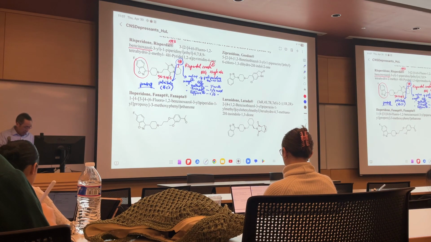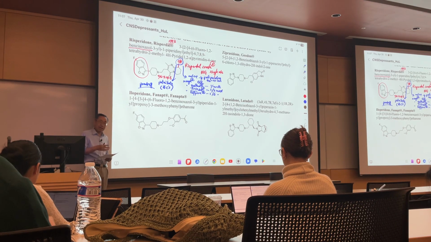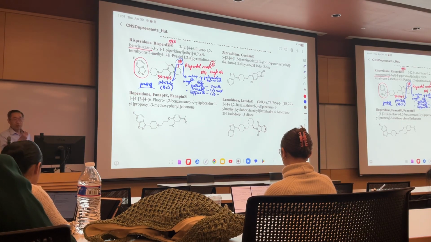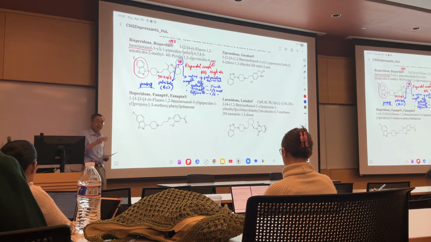It is believed the introduction of serotoninergic activity, mostly antagonistic activity at serotonin receptors, helps with the treatment of the negative aspects of schizophrenia. It also helps reduce the incidence of the extrapyramidal side effects, the movement disorders, the tardive dyskinesia.